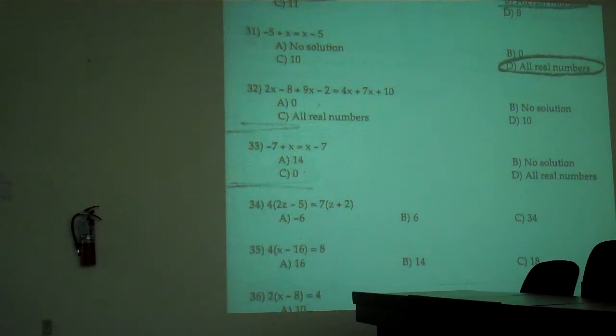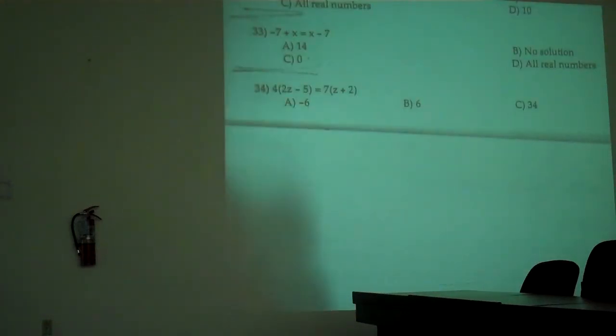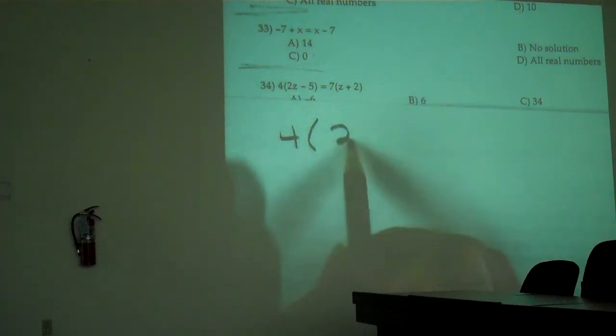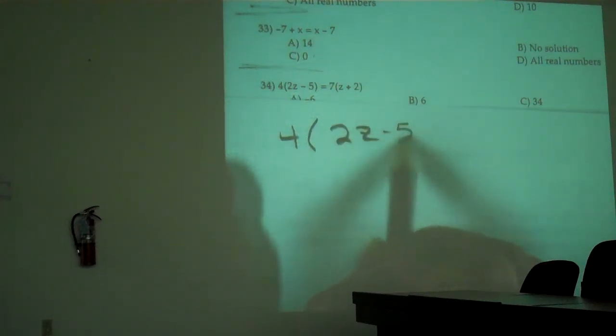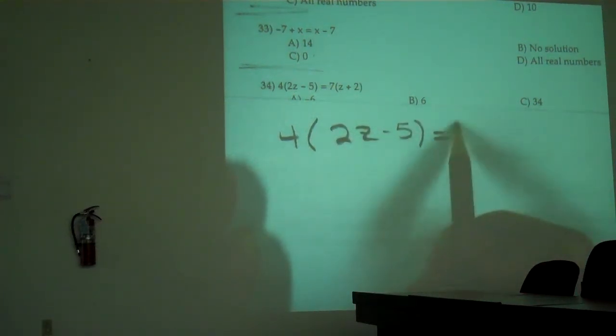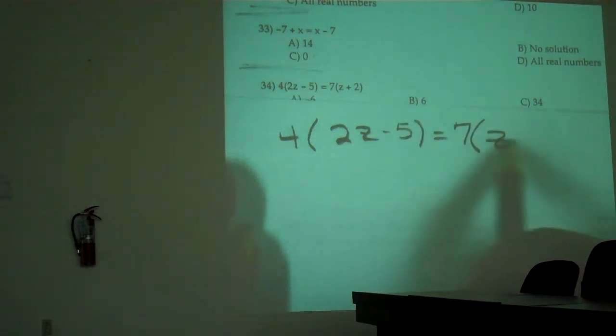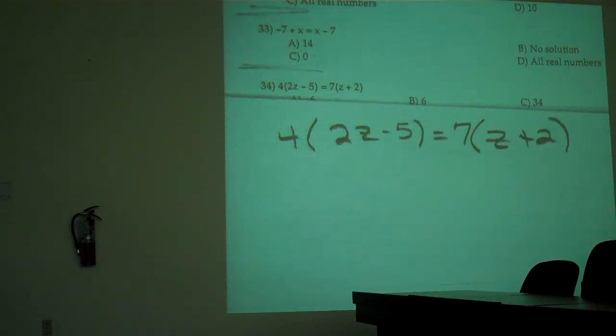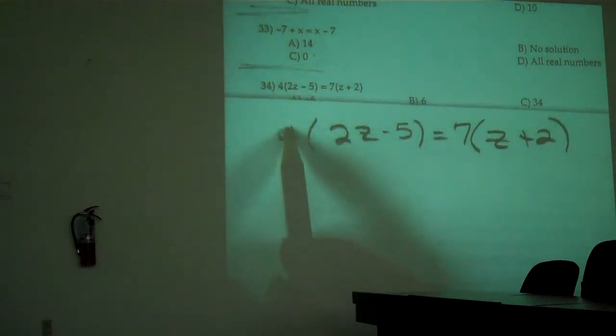Okay, number 34. We have some parentheses we need to work. 4 times (2z minus 5) equals 7 times (z plus 2). We have parentheses on both sides. So first thing, get rid of your parentheses.